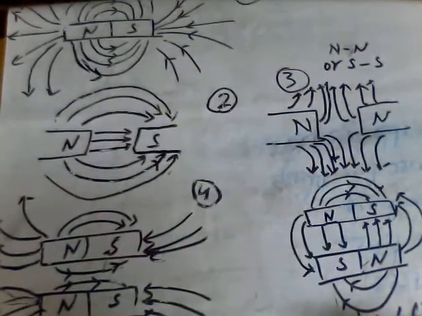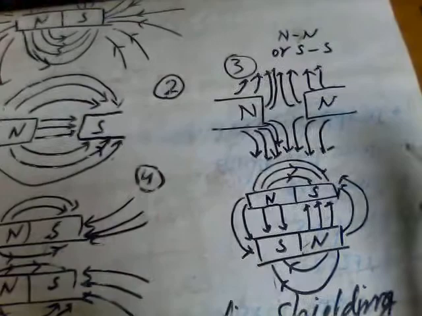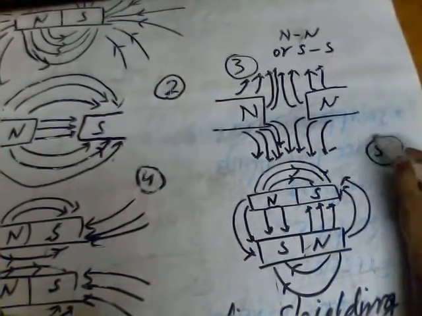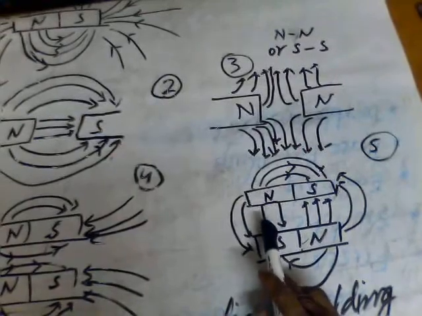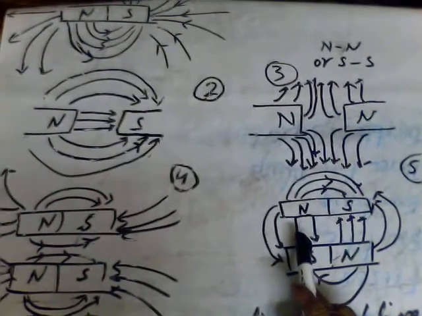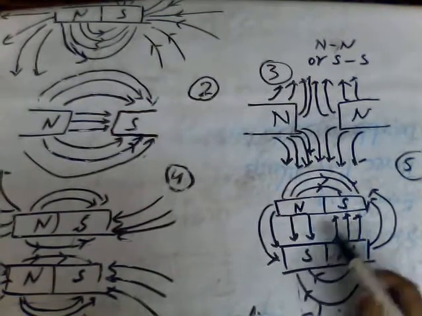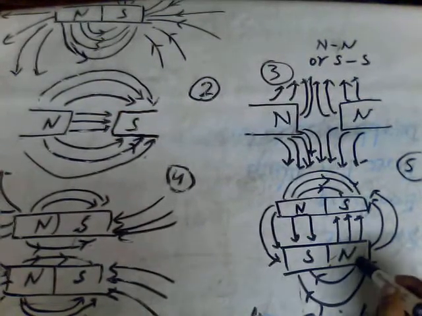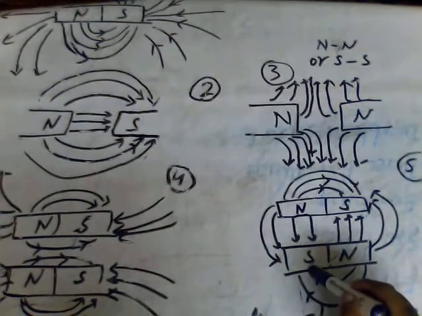Now the fifth figure. Two magnets are placed parallel, but in front of north there is south, and in front of south there is north. In between the magnets the field from north to south will be straight.